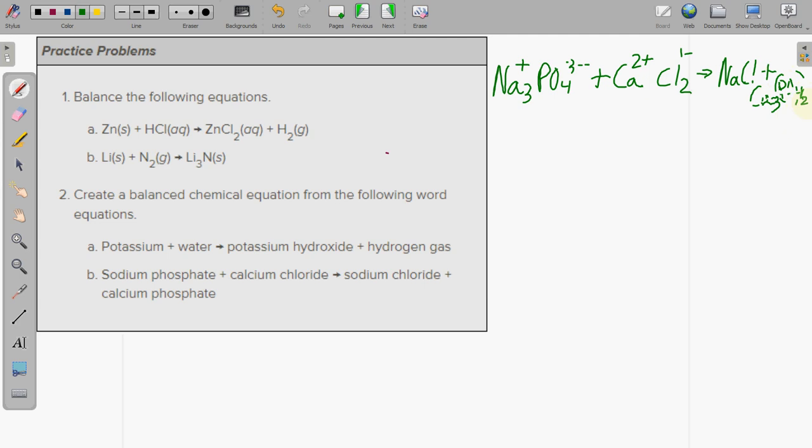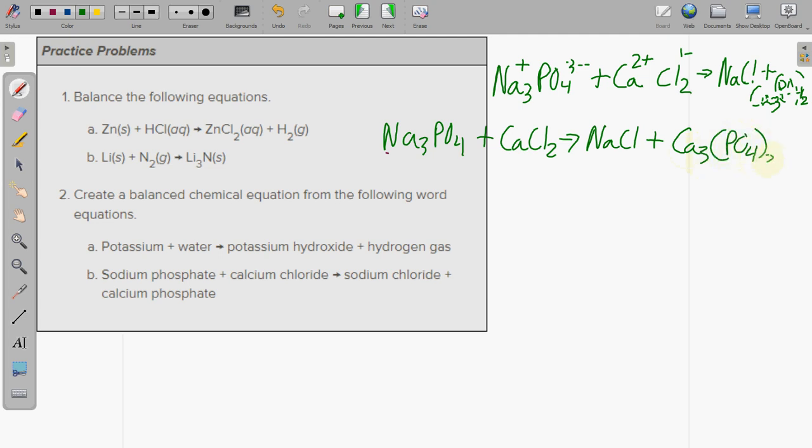So we've got to balance that. So I'm first going to rewrite real quick. Na3PO4 plus calcium chloride produces NaCl plus Ca3(PO4)2. Notice I'll put parentheses around the polyatomic ion because it has its own subscript. Right?